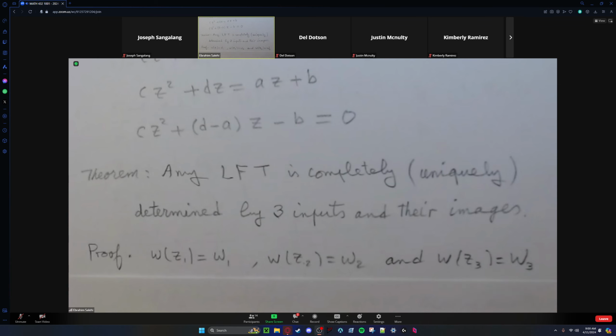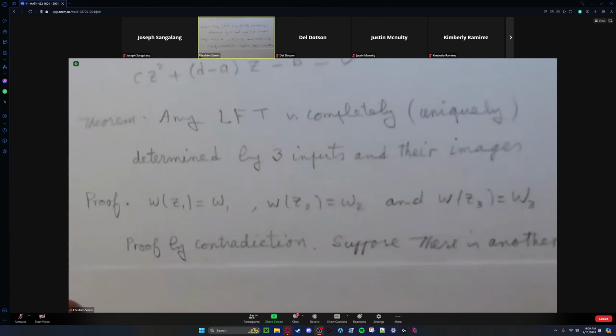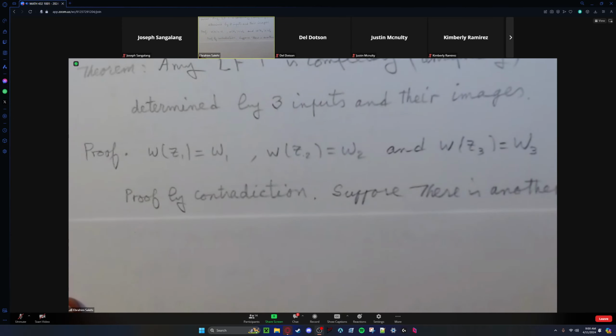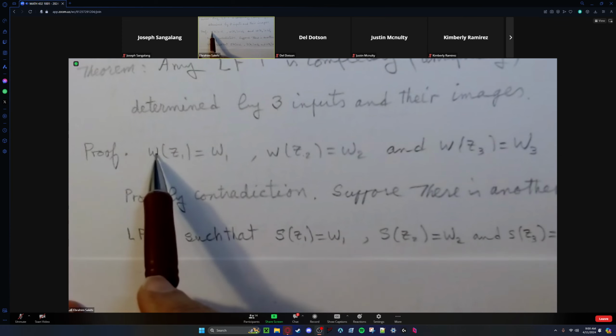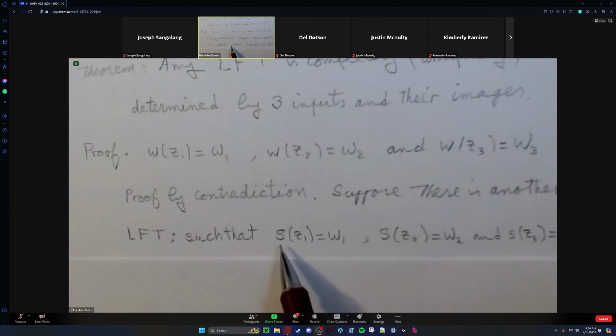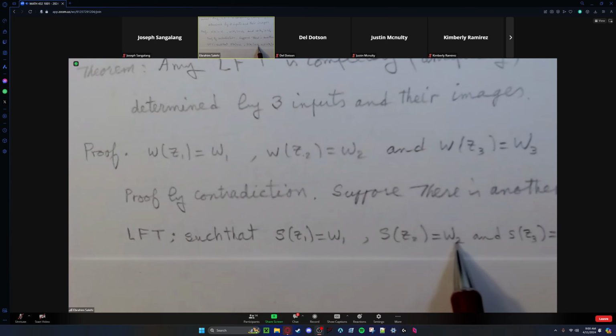Well, proof by contradiction. Suppose there are 2 functions that do the same thing. Suppose we have 2. One is this W. The other one, let's call it S. Okay? S is another Mobius function, does the same thing. Well, the inverse of S is also a Mobius function, right?